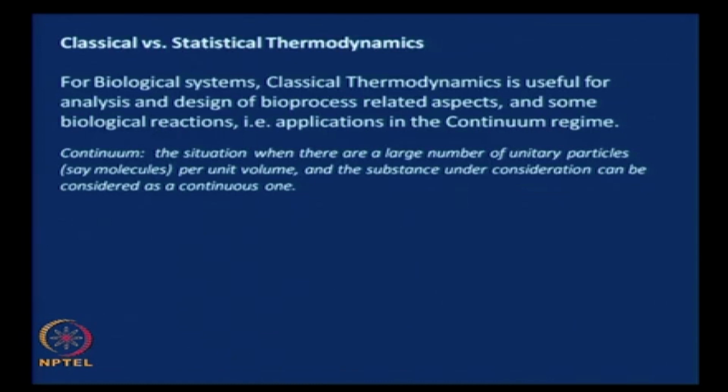Let us look at continuum a little clearer. Continuum is a situation when there are a large number of unitary particles, they could be molecules per unit volume, and the substance under consideration can be considered as a continuous one.